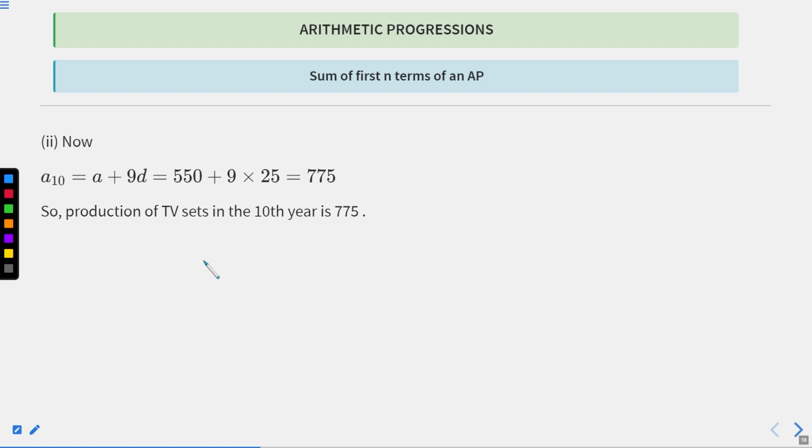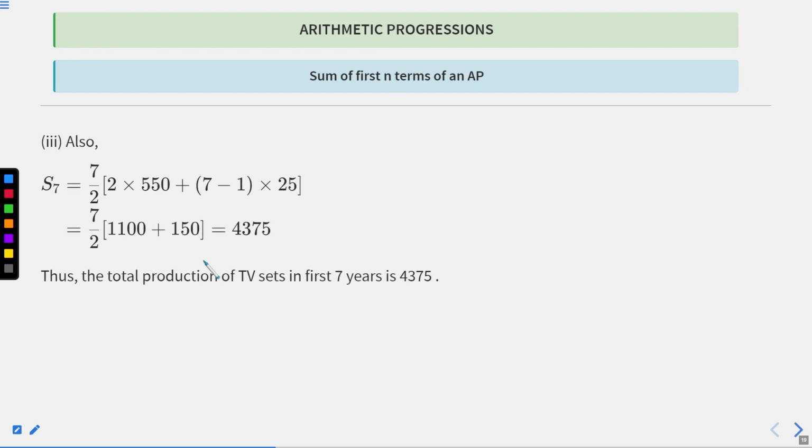Okay, and now we have to find the total production of TV sets in the first 7 years. So we have to find the sum of the production of the first 7 years, S7. We know that Sn is equal to n by 2 times 2a plus n minus 1 times common difference d.